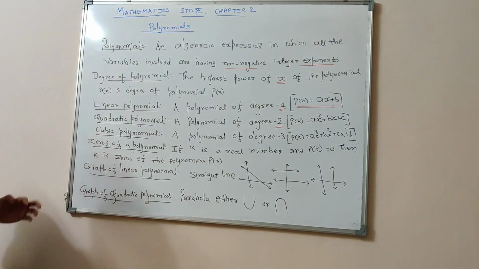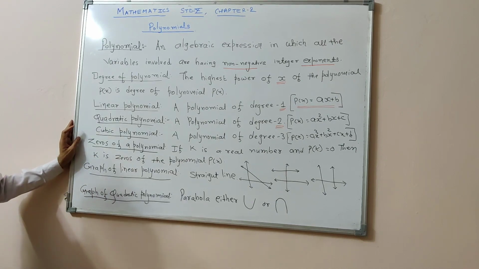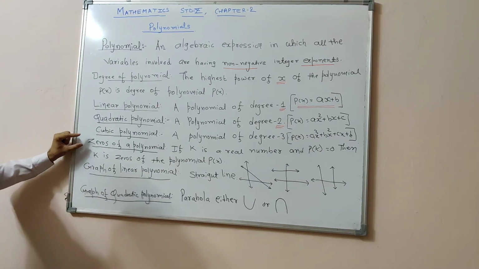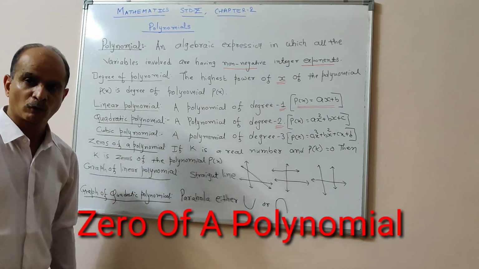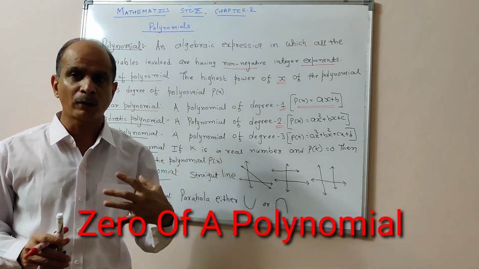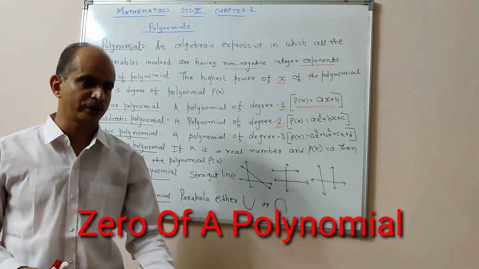Well, now the new concept for 10th standard, that is, what is zero of a polynomial? How to identify the zeros of a polynomial?